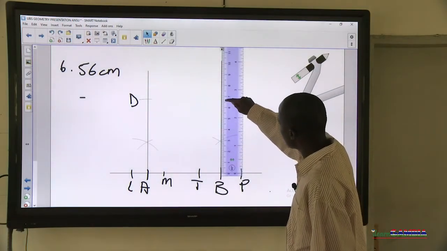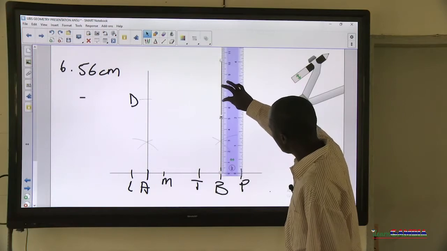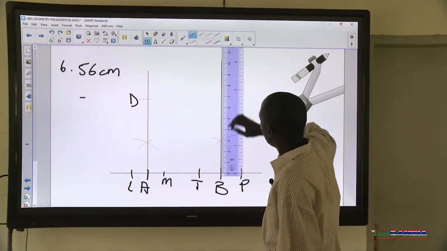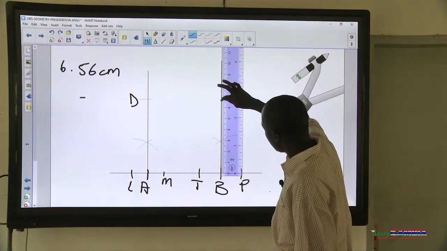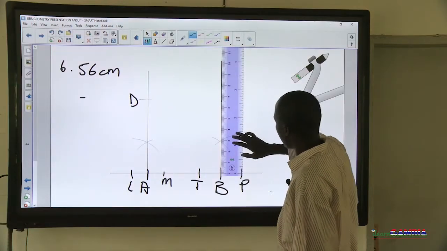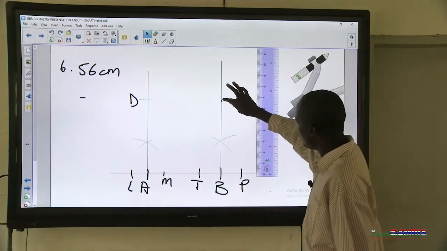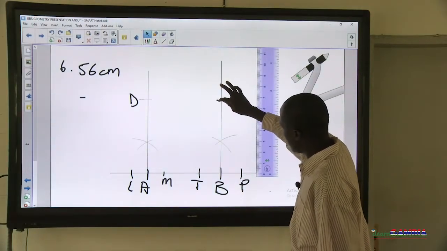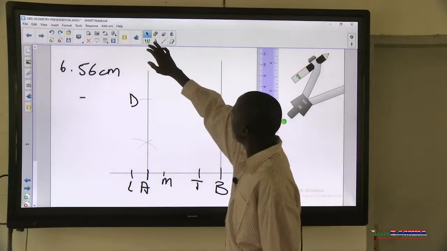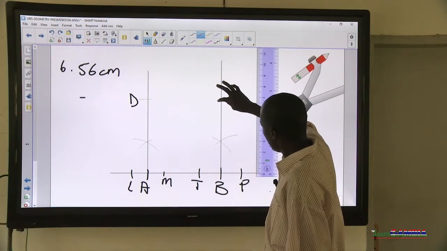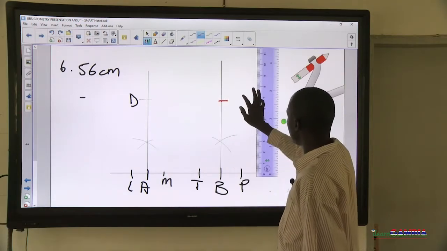This is 6.56 here. 6.56 there. Then that point there is point C.